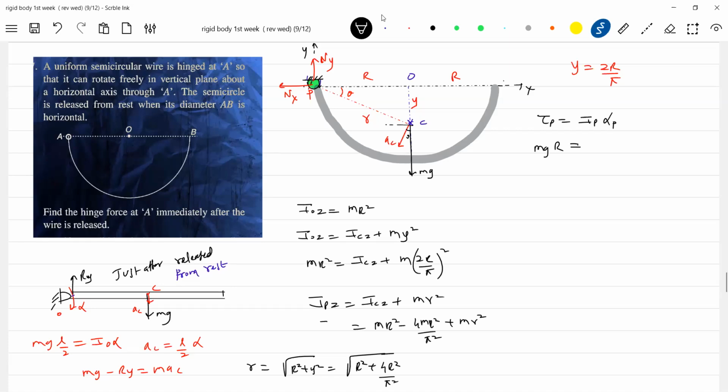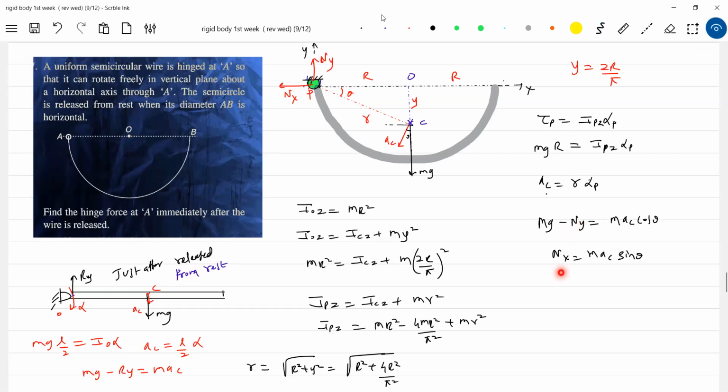Okay, now I got IPZ. This I have to substitute here. Okay, after getting alpha P, then I'll get AC. What is AC? AC should be equal to R into alpha P. After getting AC, then let me write the equations. mg, AC cos theta, AC sin theta.